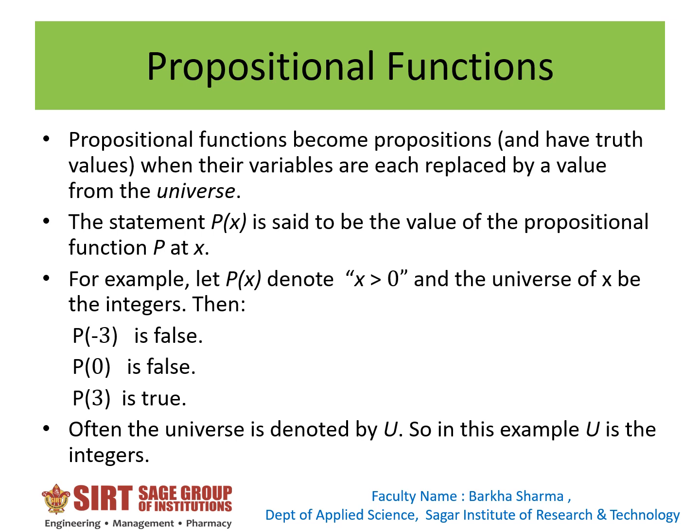For example, P(x) is denoted by x is greater than 0 and the universe of x is the integers. Then P(-3) is always false. P(0) is always false because x is greater than 0. P(3) is true. Often the universe is denoted by capital U. So in the example, U is the integers.